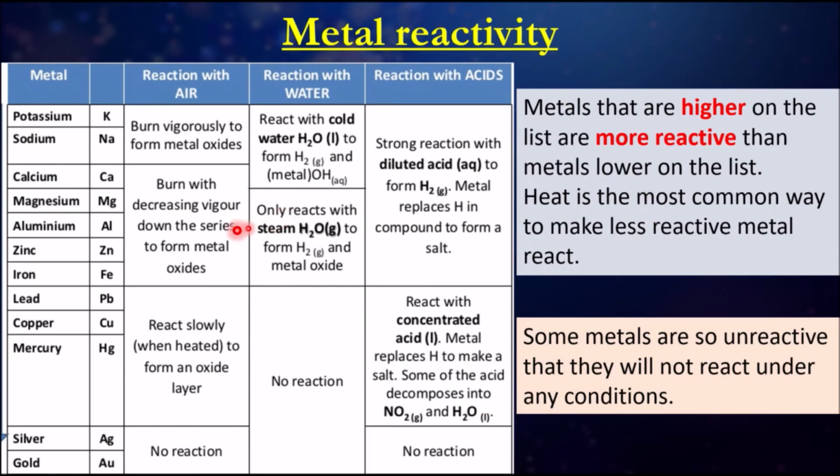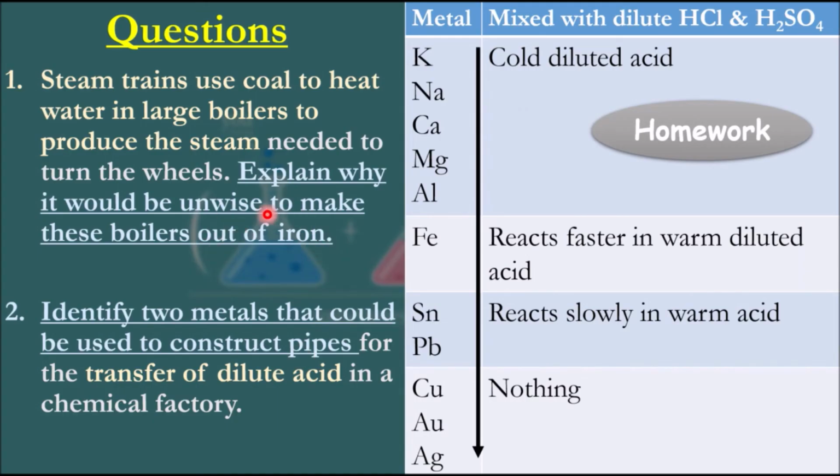From the scenario we saw here, iron reacts with steam to produce hydrogen gas and metal oxide. So if we use iron with the warm water, that's going to produce hydrogen gas, and obviously hydrogen gas is highly flammable, which, if we're trying to use steam and fire to heat up the system, can cause an explosion. So we don't want that.